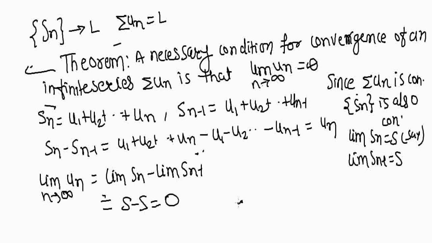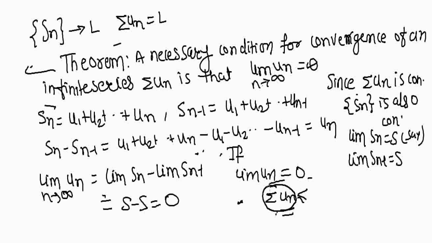Friends, the converse of this theorem is not always true. If the limit of un equals 0, then the series summation un may converge, may diverge. But whenever the series converges, this theorem tells that the limit of un is definitely 0. But for the converse, that is, if the limit of un equals 0, we do not have an idea about summation of un.